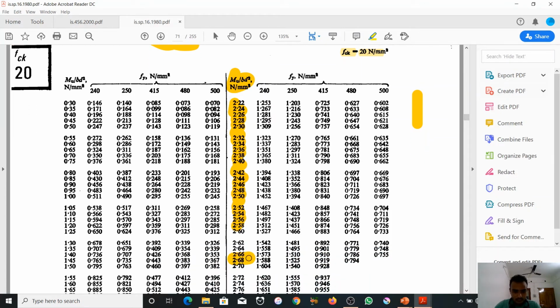Look at here, 2.68 here. Then Fe415 means this value, and 2.68 means these values. So this row and this column match here.